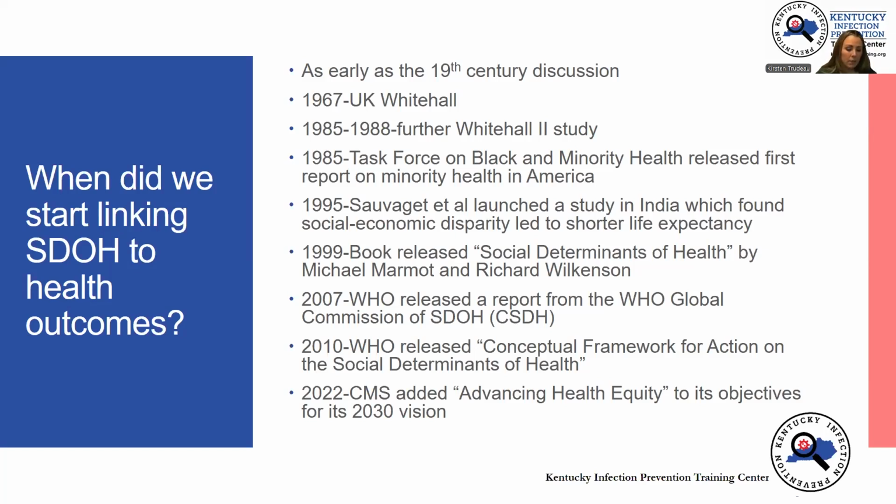Then in 1985, the Task Force on Black and Minority Health released their first report on minority health in America. About 10 years later, in 1995, Savan et al. launched a study in India, which found that socioeconomic disparity led to a shorter life expectancy. In 1999, a book was released entitled Social Determinants of Health by Michael Marmot and Richard Wilkinson. In 2007, the World Health Organization released a report from the WHO Global Commission on Social Determinants of Health.